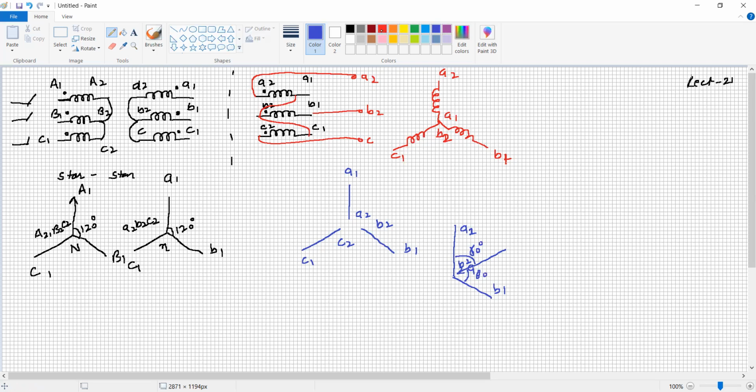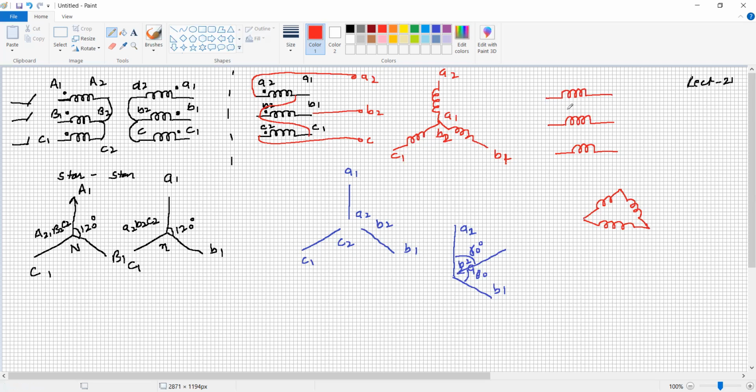Similarly, if the secondary winding is connected in delta, just as we reviewed in our previous lecture, delta connection means this is one winding, second winding, and third winding, looking like a series connection.